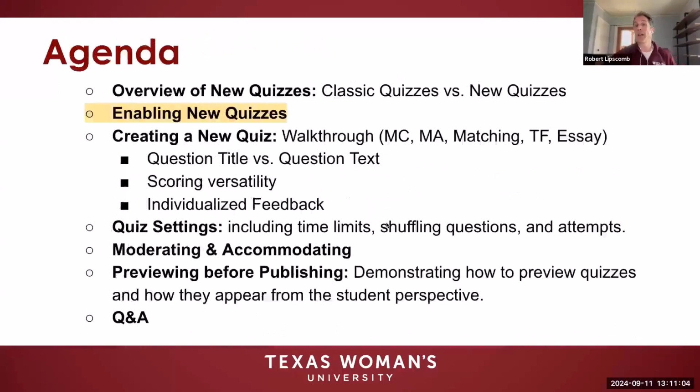Okay, so I'm going to go ahead and transition to showing you how to enable new quizzes in your course so that you are able to start experimenting with it, familiarizing yourself with it, and then eventually using it to assess your students.